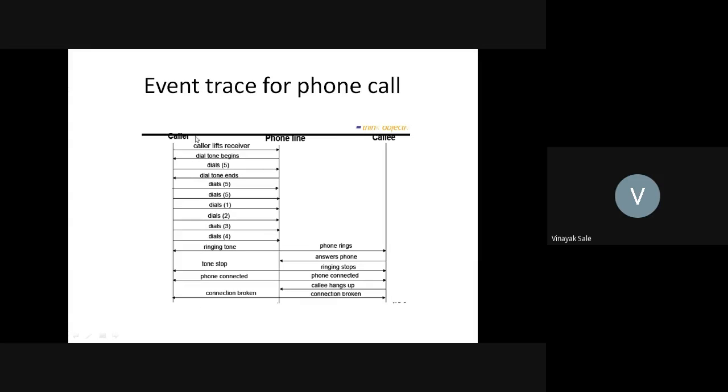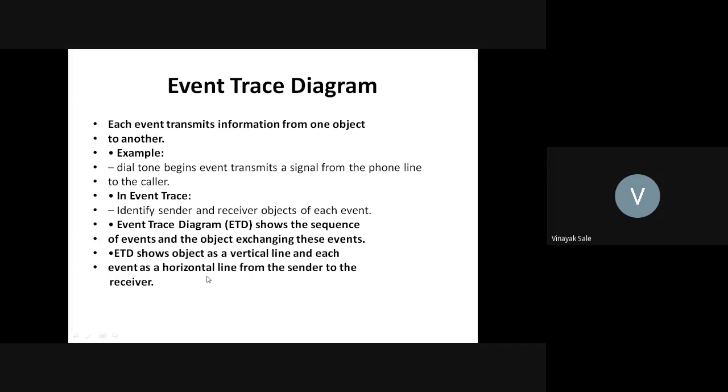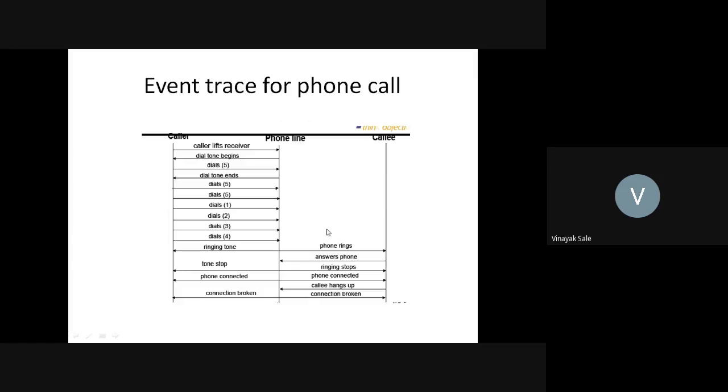In this figure, caller, phone line and callee are the objects in vertical lines, and the horizontal lines are the events. These are the events that occur between these objects. So in the case of the phone line, there are three objects: caller, phone line and callee.